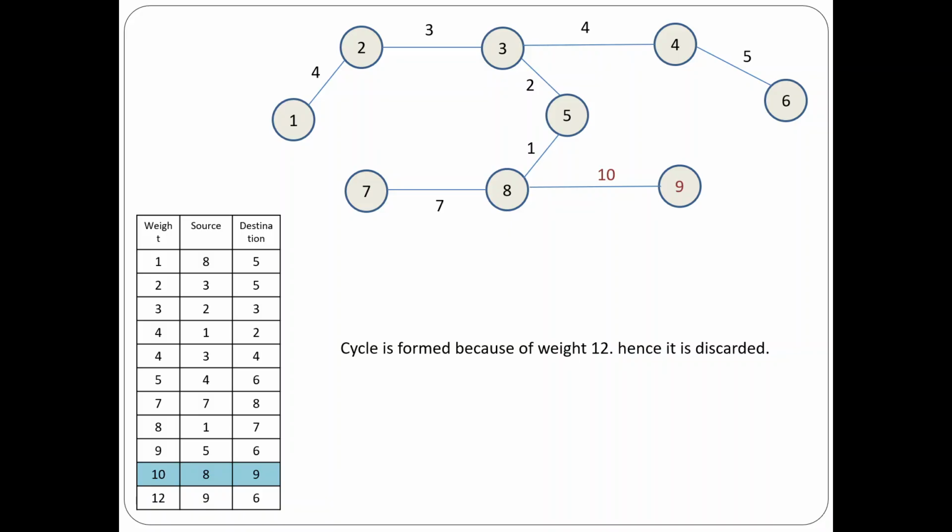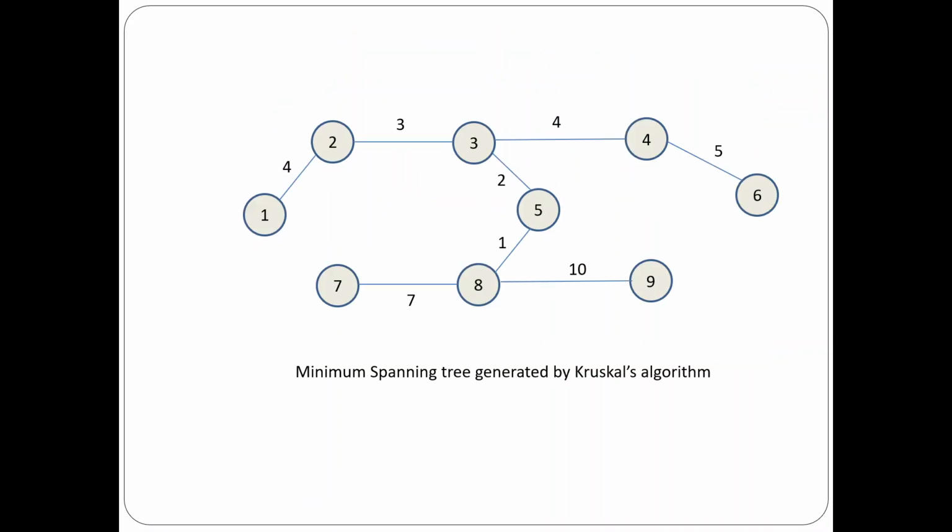We formed a table sorted by weight, and then started one by one. Once an edge forms a cycle, it will be discarded. So we have visited all the vertices with a minimum number of less weighted edges. Thank you for watching.